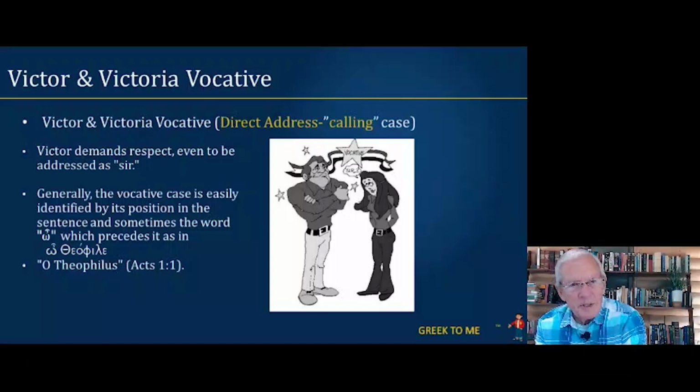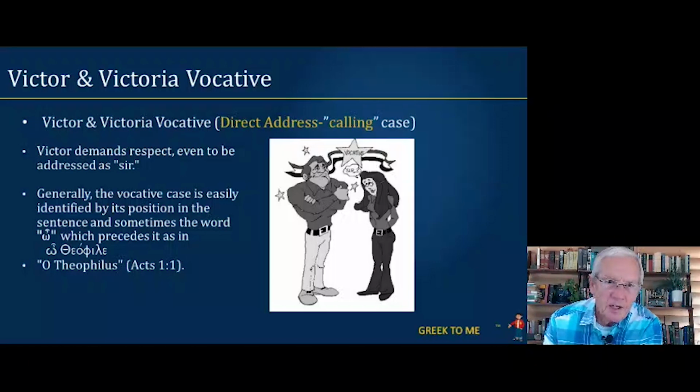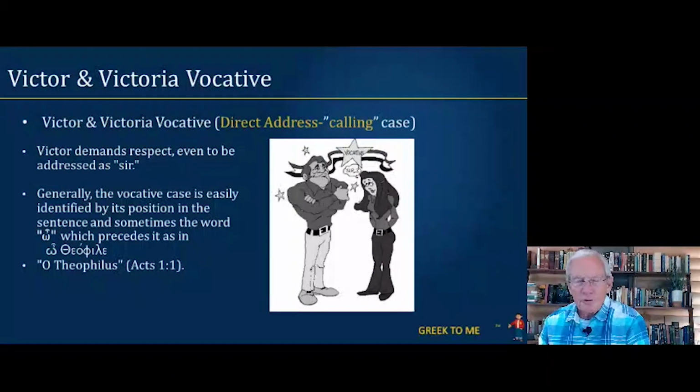Generally, the vocative case is easily identified by its position in the sentence and sometimes a little particle omega there, which precedes it, as in O Theophile, O Theophilus. Here, Theophilus is being directly addressed. So let's go back through and review these one more time.